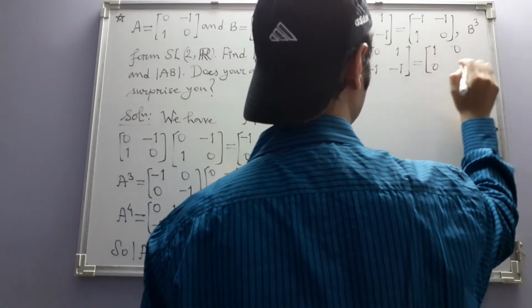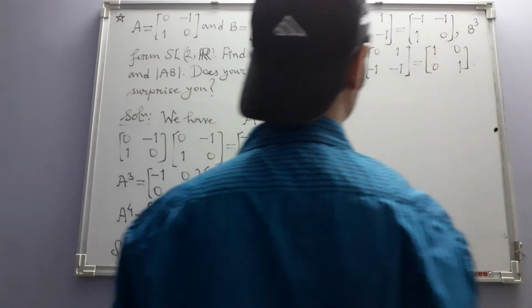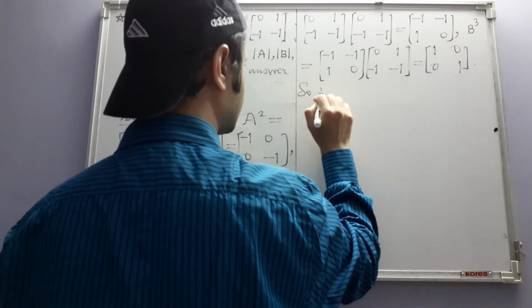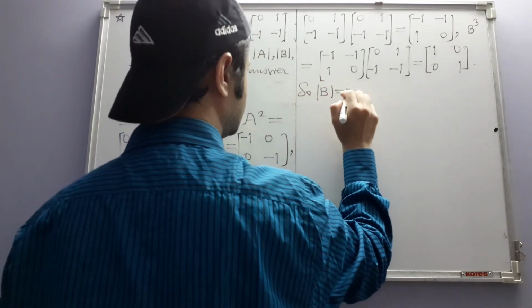So here B cube becomes the identity matrix. So the order of B is 3.